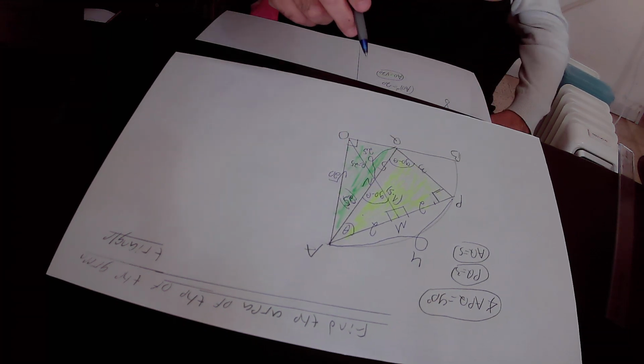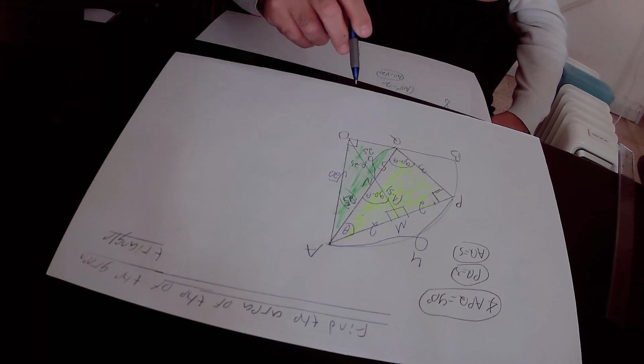In the next step, I will copy the right green triangle AQO on a new page and we will implement on this right triangle the Pythagoras theorem.